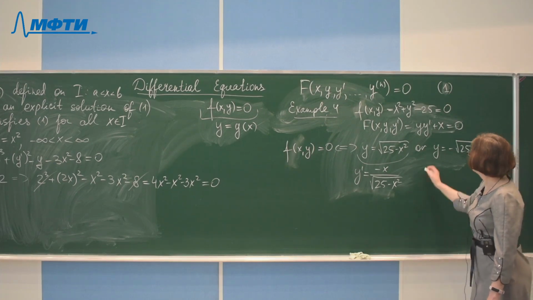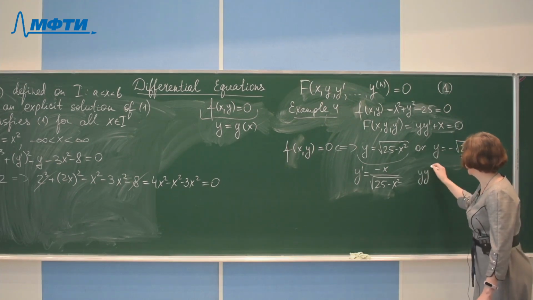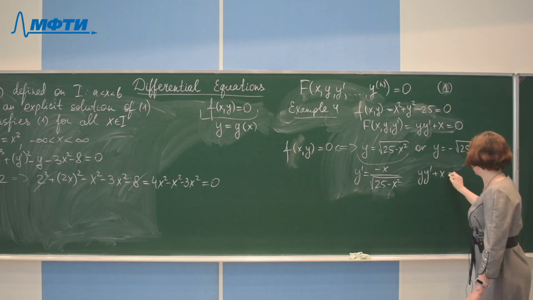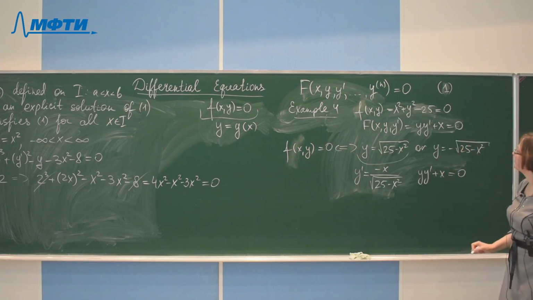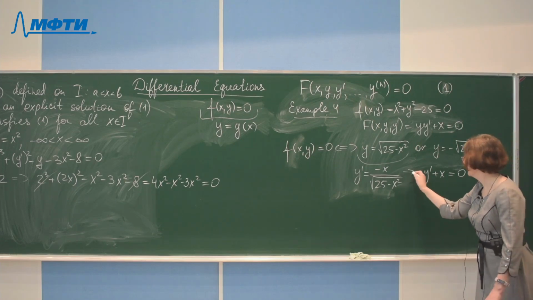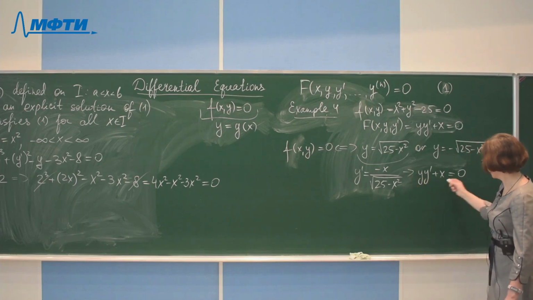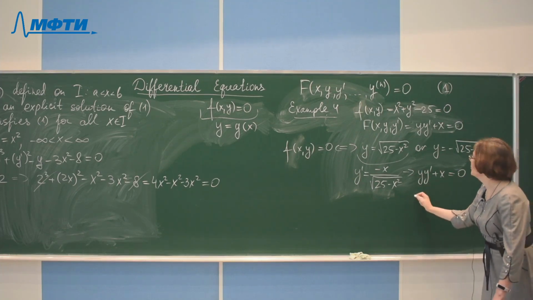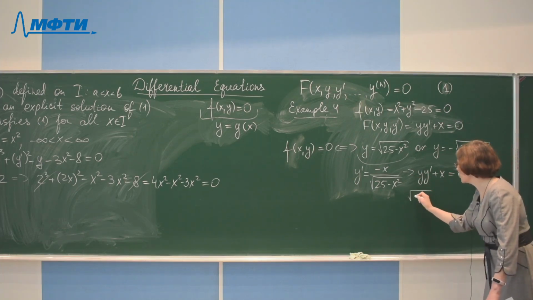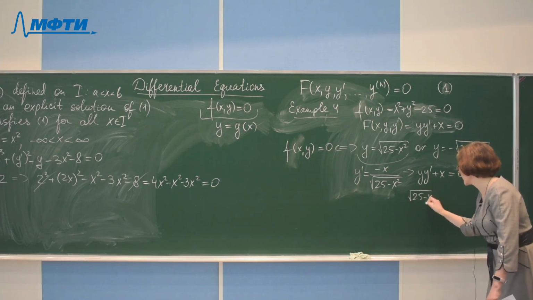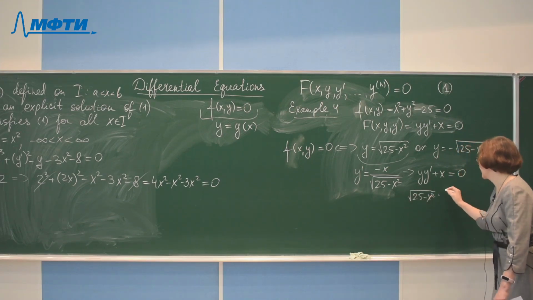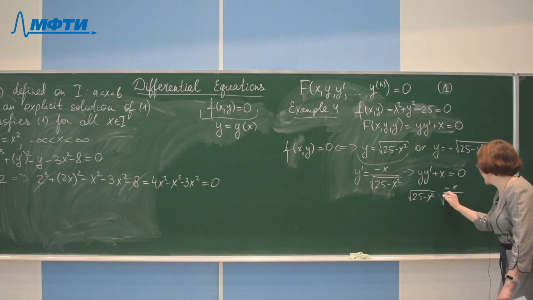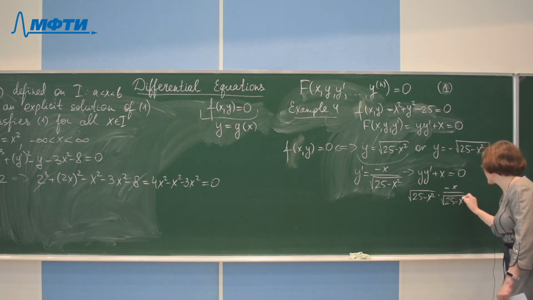And then let's substitute into the equation y prime plus x equals 0. We will get the following: root 25 minus x squared times negative x divided by root 25 minus x squared plus x.